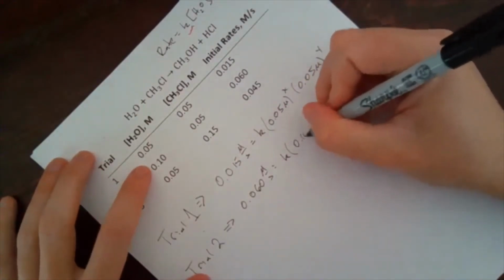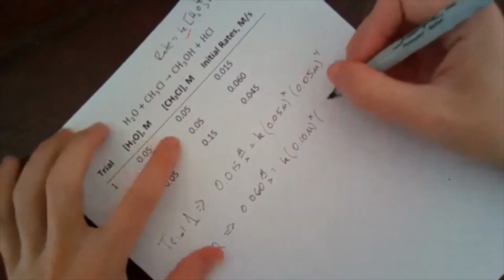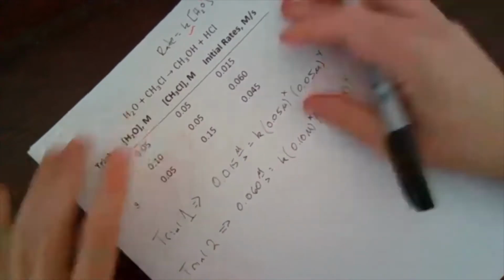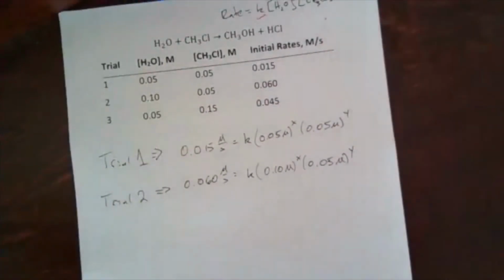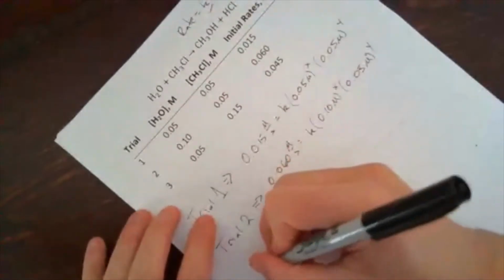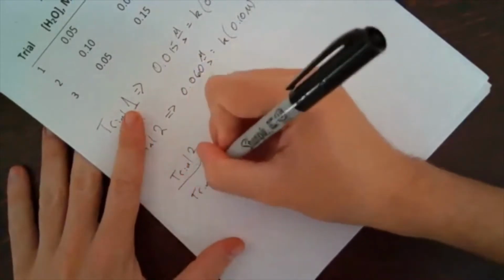In this case, 0.10 molar raised to the same power X, and then 0.05 molar raised to the same power Y. So I can set up these equations like this, and what I can do is take trial 2 and divide that by trial 1.